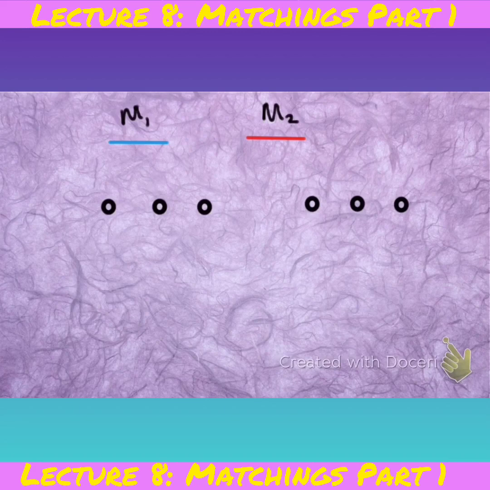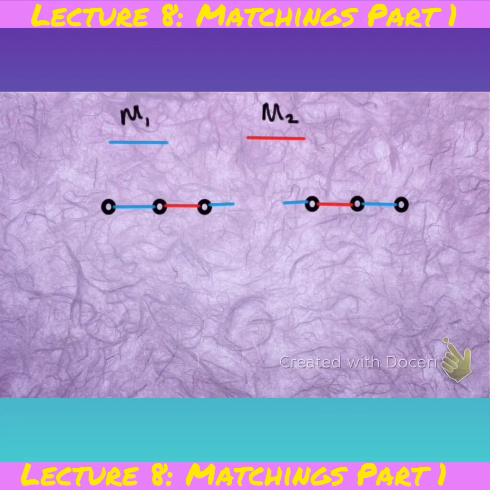Now, it alternates, so it either starts with blue or red. If it starts with blue, you're going to have the alternation there, and eventually you end up with a blue edge at the end.